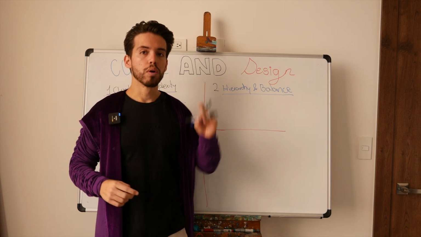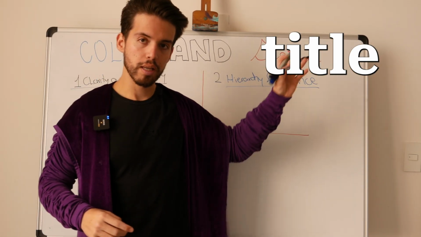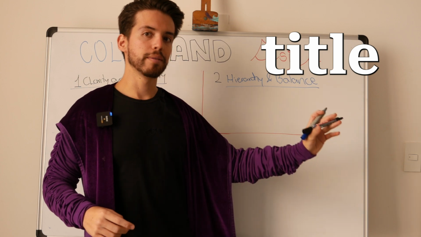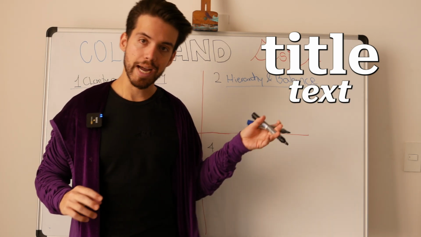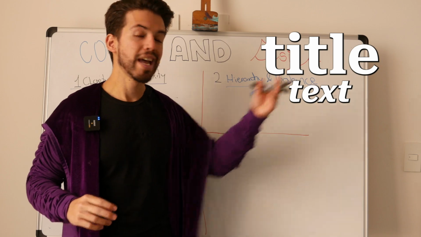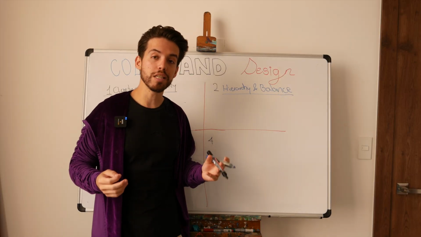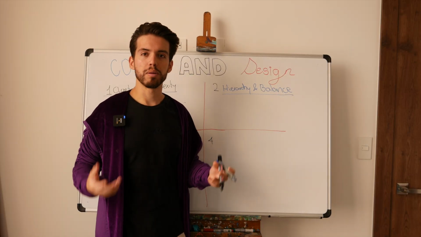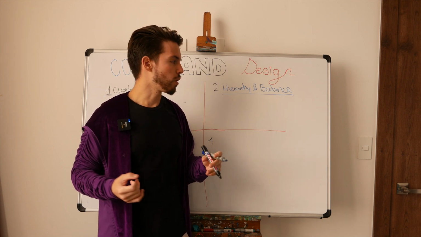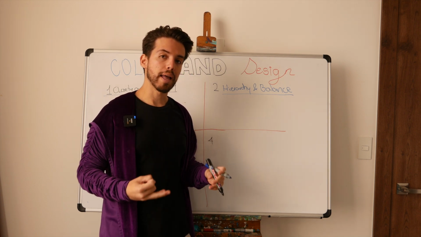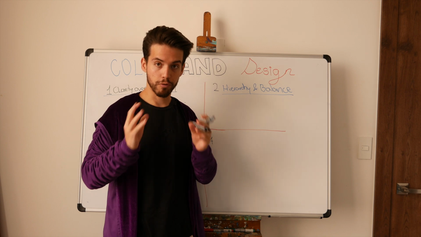Whereas if you do a title first that's a little bit bigger, and then the text a little bit smaller, you can use bold fonts or italic fonts to change the contrast. This will make it much easier for people to understand and assimilate what you are trying to say, okay? So different sizes and different font styles.